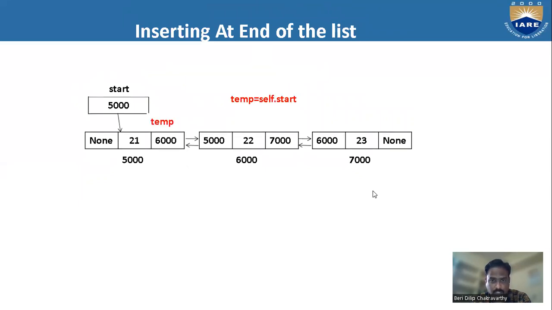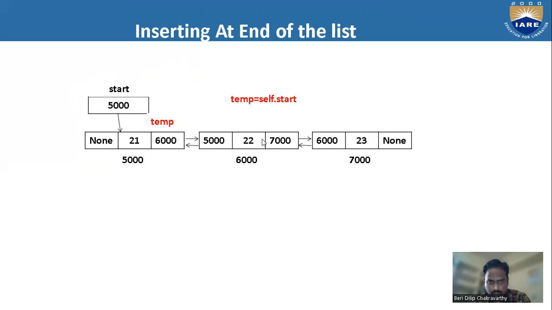First, I don't know where the last one is. So I'll start from my first node, and I'll move to the next node. First I'll consider this one as temp. I'll check whether the next part is null or not. If the next part is null, that means it is the end of the list. Here the next part is not null, so I'll shift my temp from the first node to the next node.